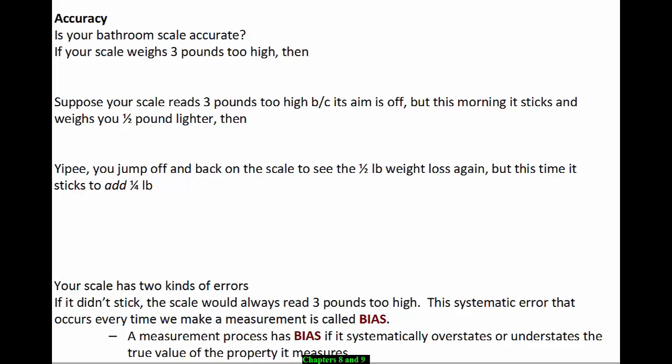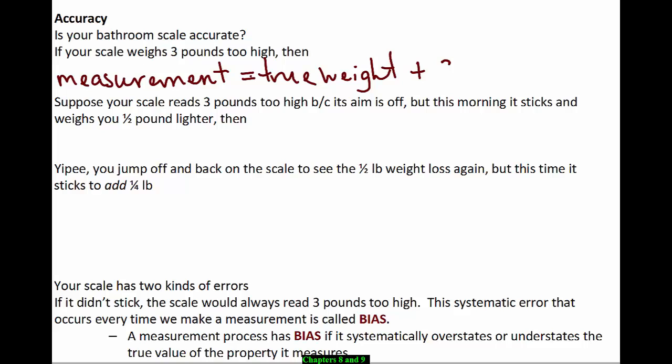Now let's talk about accuracy of measurements. Let's think about your bathroom scale. If your scale weighs 3 pounds too high, then the measurement that it gives you is your true weight plus 3 pounds. Now suppose that your scale reads 3 pounds too high because its aim is off.